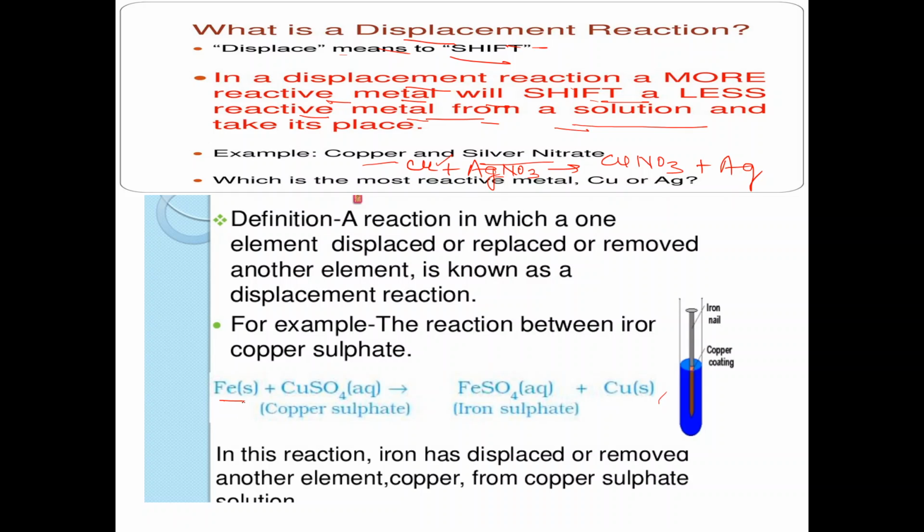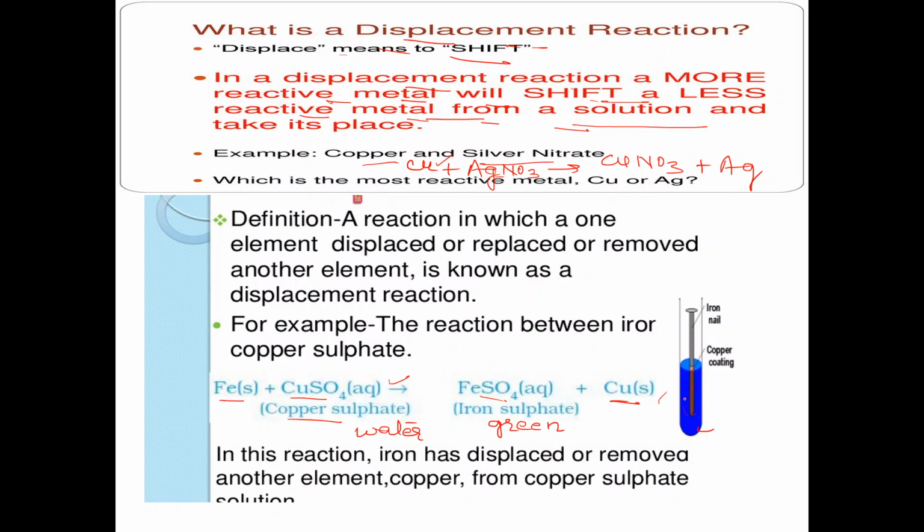Here you can see iron when it reacts with copper sulfate solution, aqueous means it is dissolved in water, it forms iron sulfate. Again in solution, the color of copper sulfate you have seen is bluish. Iron sulfate, you have also seen last year in class 7, is green in color. And brownish copper deposit is taking place over the iron nail.